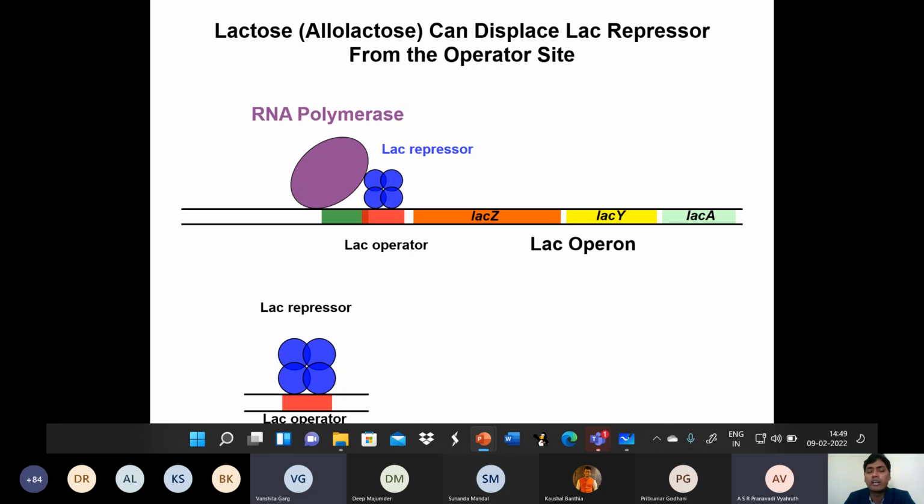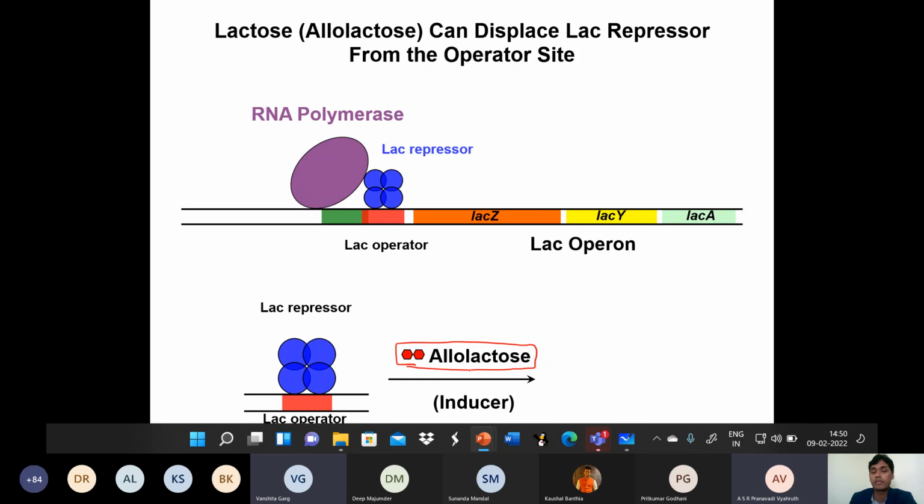If I tell you in a more correct way, this is not lactose, this is the racemic form of lactose, allolactose. This is very similar to lactose, with a little bit of difference in bonding here.